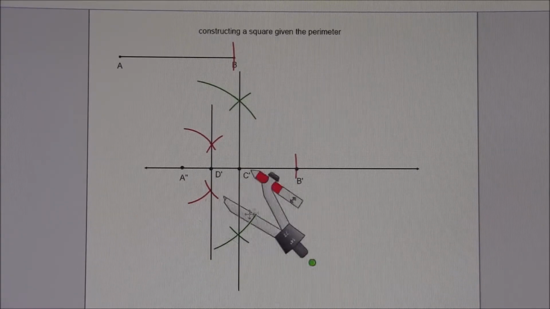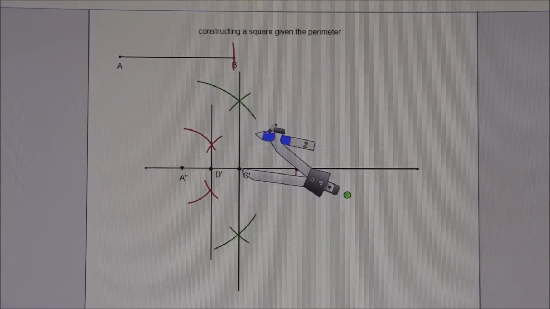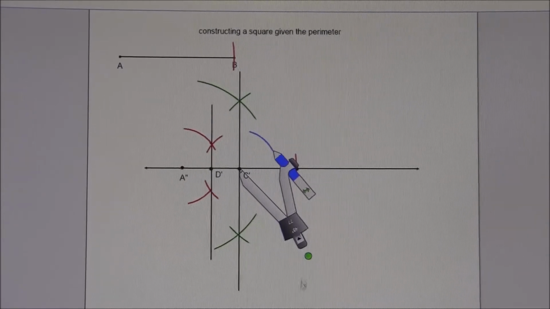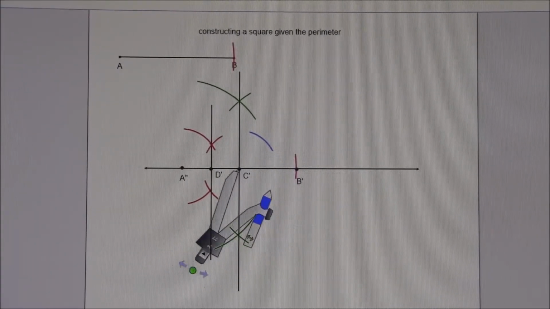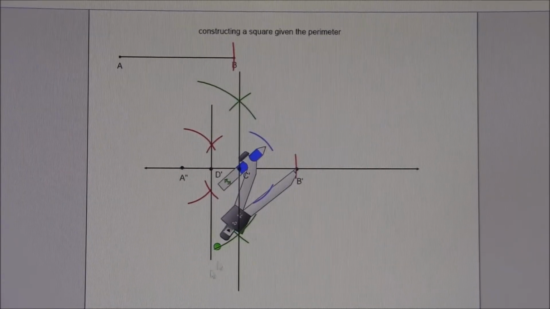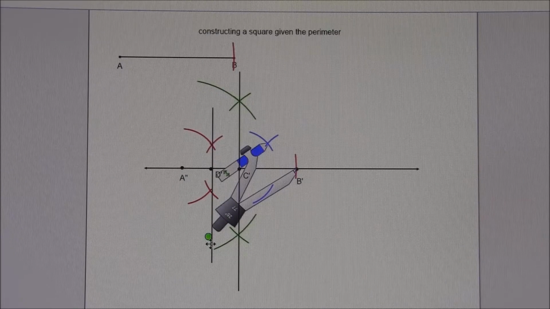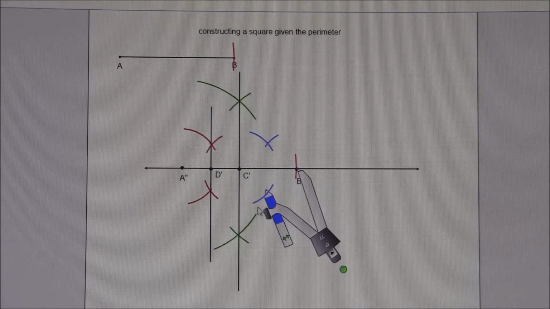So if I take this, let me change to blue. Excuse me. There we go.